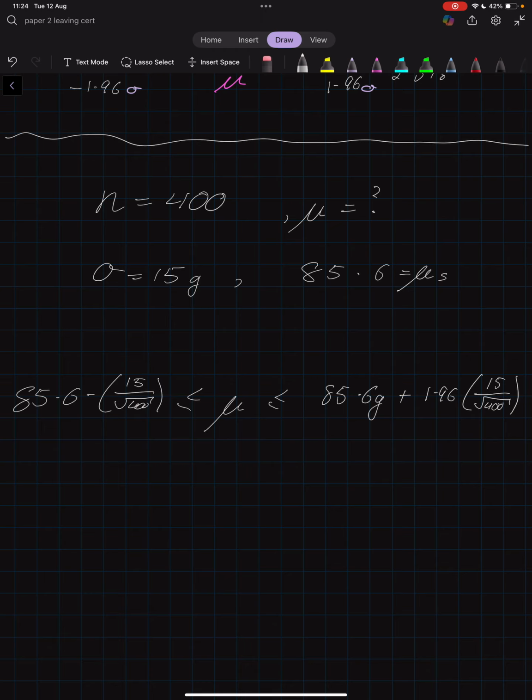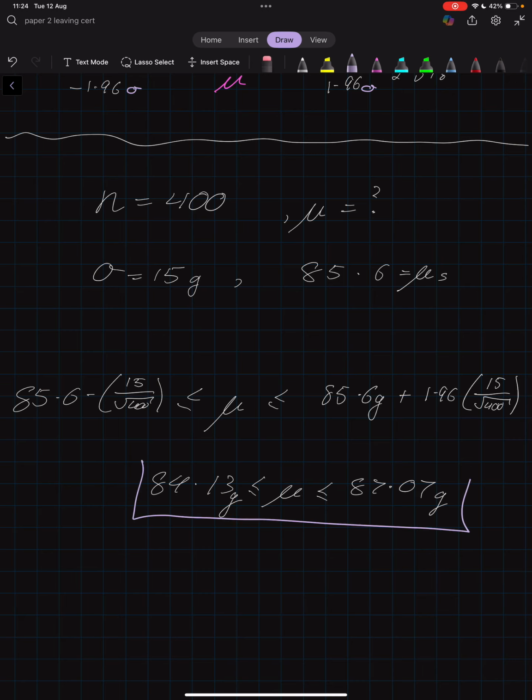Okay, so you can say this comes out to 84.13, 87.07 grams. So you can say with 95% confidence that the average of the population of the apples is within this range.